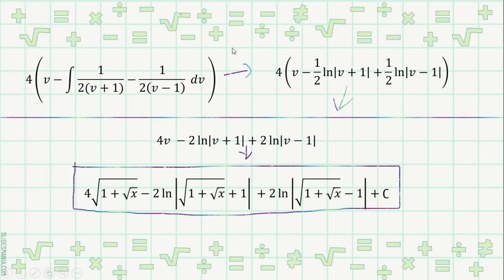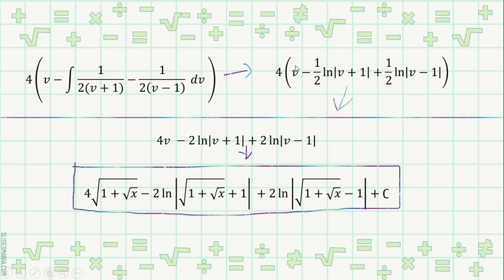And after that, we move to the integral.